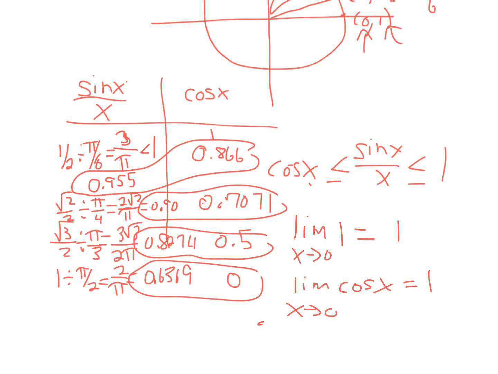And so therefore, we can prove that the limit of sine x over x as x approaches 0 has to equal 1 also, because it's in between those values for all x from 0 to pi over 2.